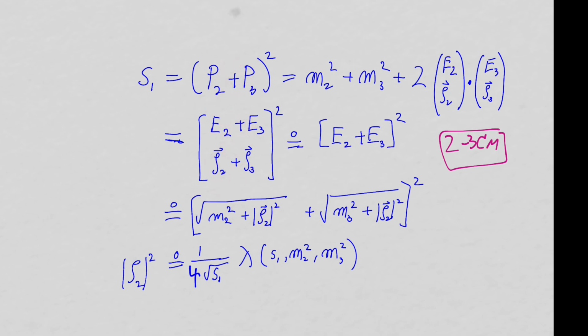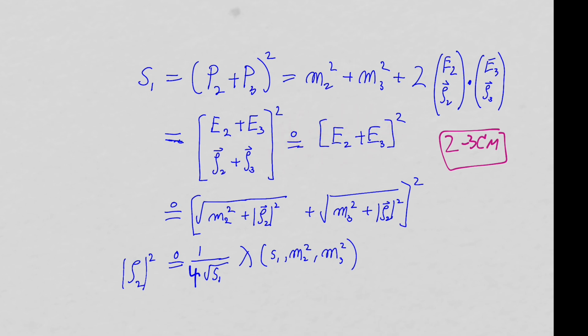I'm adding E2 and E3 and rho 2 and rho 3. But in this particular reference frame, these two cancel out, because that's the definition of the 2-3 reference frame. It's the frame where the actual vector sum of these two 3-momenta is 0. So this squared just becomes these two energies squared in that particular reference frame.